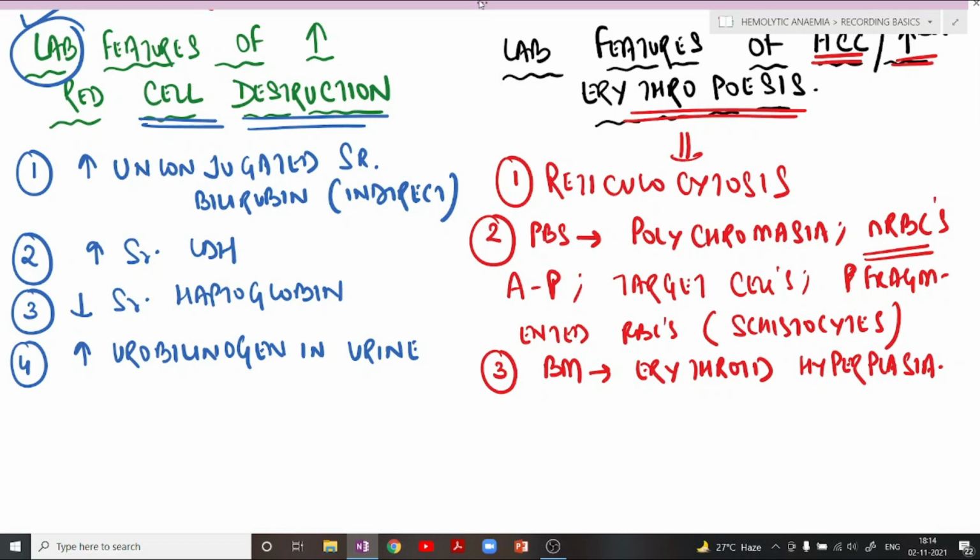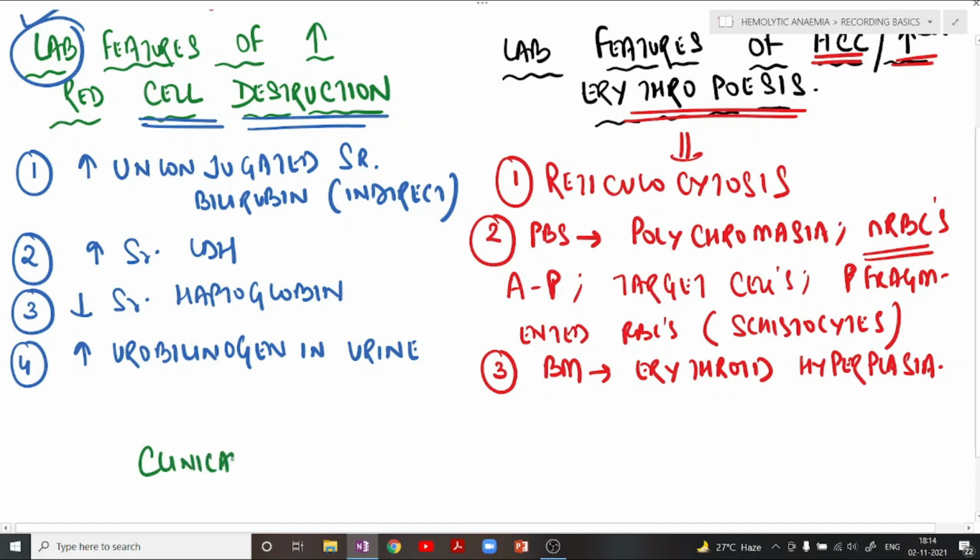The basic important thing I want to say is how a patient of hemolytic anemia will present clinically. Some common features: they will have anemia, so they will present with pallor. There will be mild jaundice.